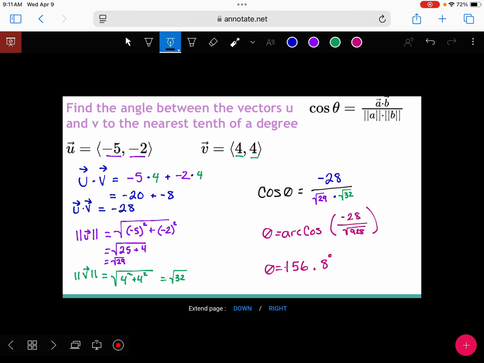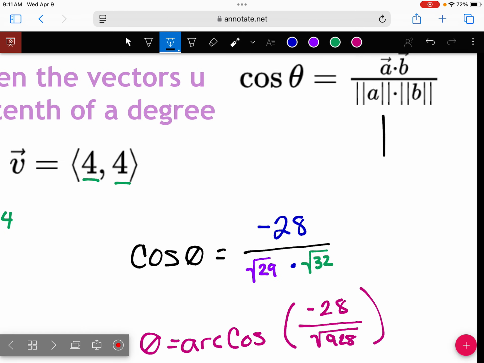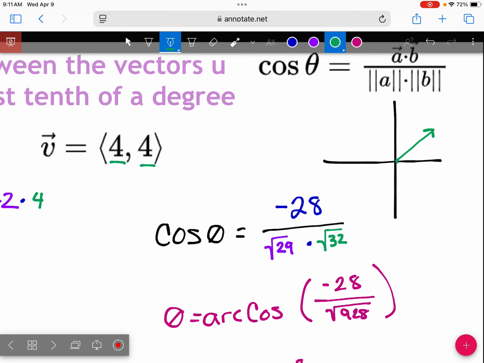What this is, and this is not something you're going to be able to do, I'm just going to give you a visualization of what's happening here. We have a vector v, which goes to 4, 4, which looks here, and our negative 5, negative 2, which goes here-ish. And this angle is what we just found, our theta, between them.